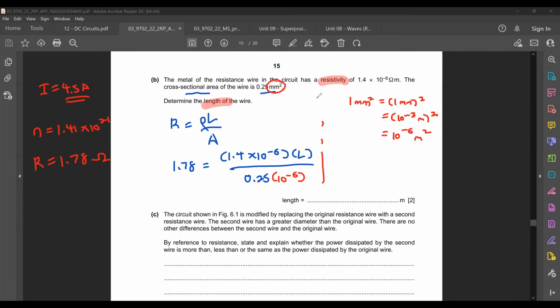So eventually your value of L would be 1.78 times 0.25 times 10 power minus 6 divided by 1.4 times 10 power minus 6. You are going to get L as 0.318 meter, if I'm not mistaken.